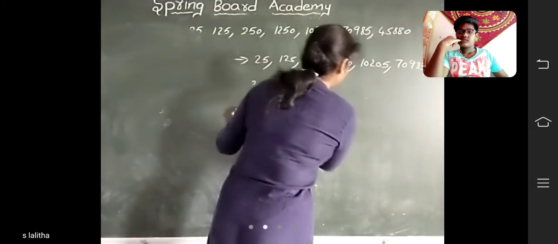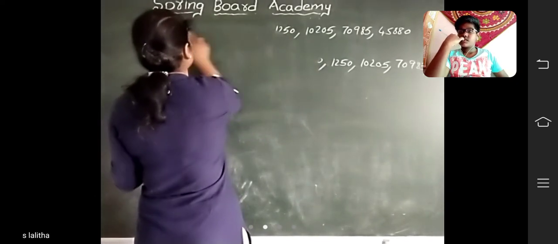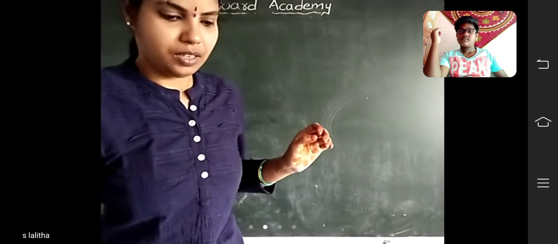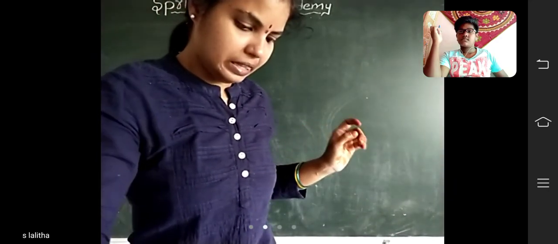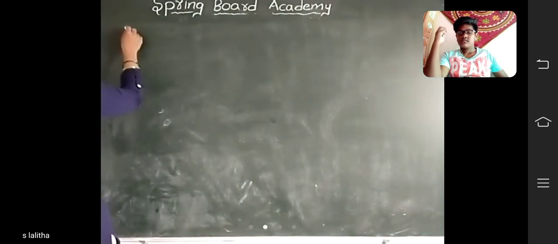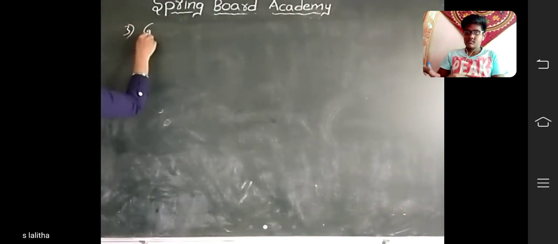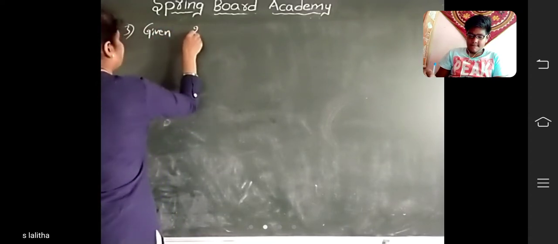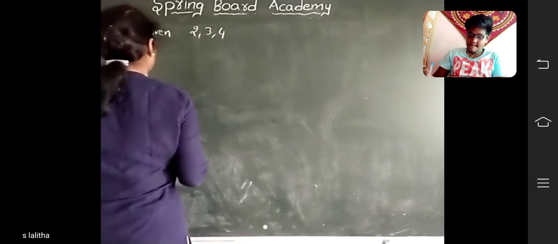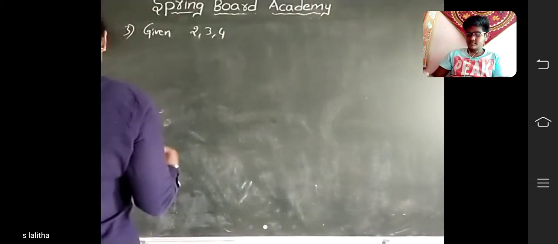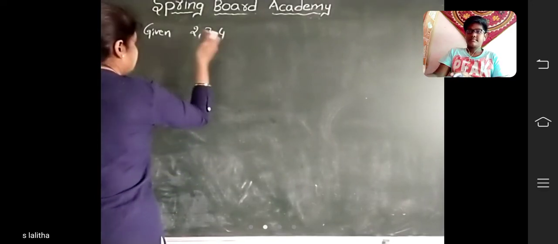So here three digits are there. So you can use those three digits. You can write three different three-digit numbers. What are the digits given, children? Given 2, 3, 4. You can make three different three-digit numbers using three digits.